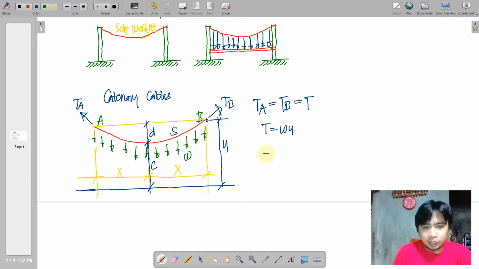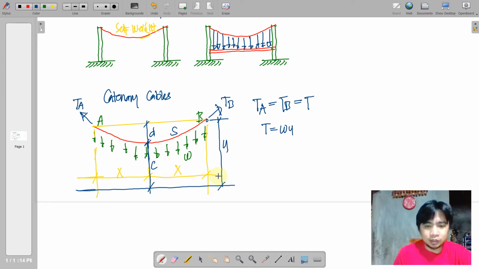Say the curve length is S. From the catenary equation, we can derive the relationship between x, y, and S.